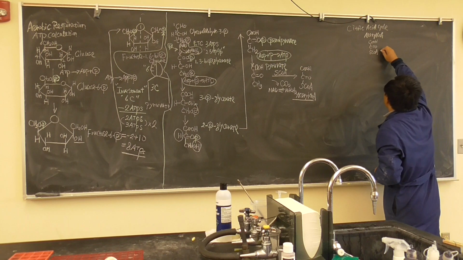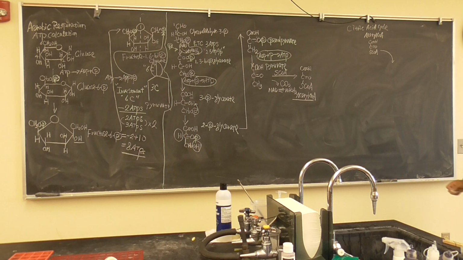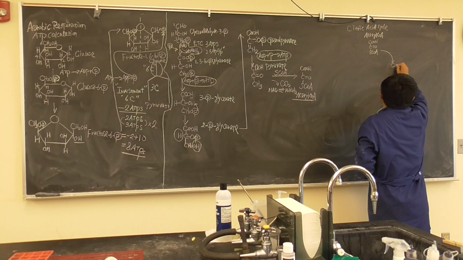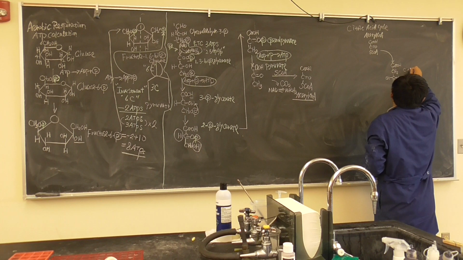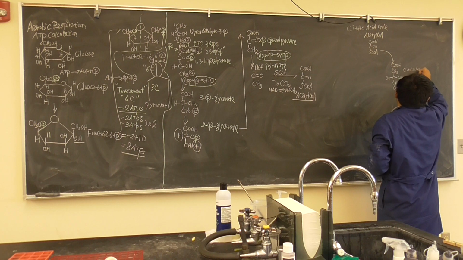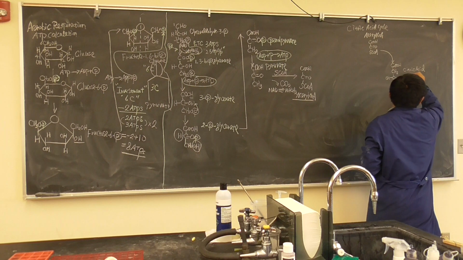First of all, very important, you need to know what citric acid is. Citric acid is like this: COH, COOH, CH2, and COOH. This is citric acid, or we say citrate sometimes.